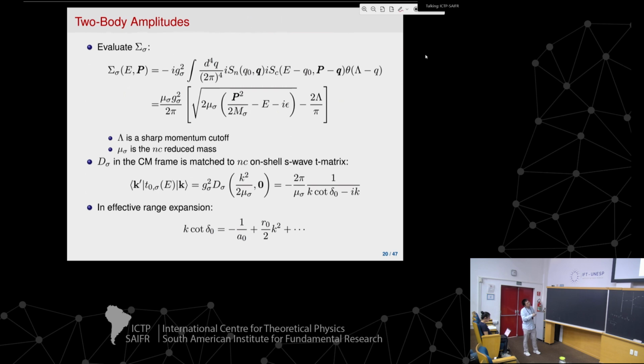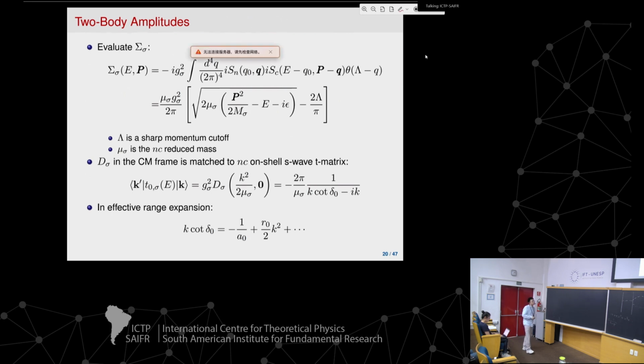Then if you sandwich this, you can relate this dimer propagator to the two-body T matrix. And the T matrix can be written in this coefficient times K cotangent delta minus iK. So this delta is this S-wave phase shift.